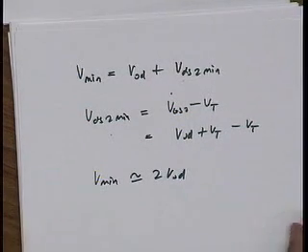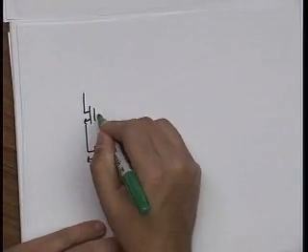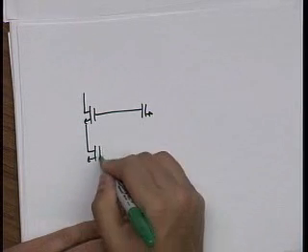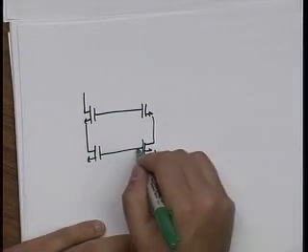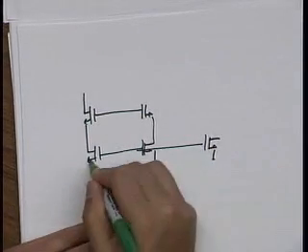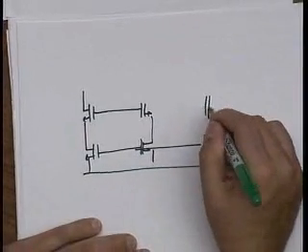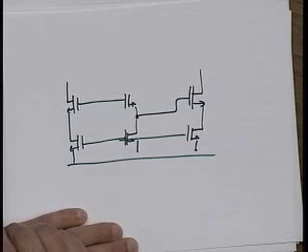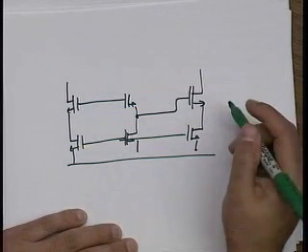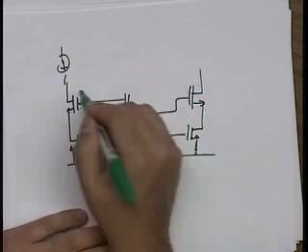Okay? So here's one way to synthesize this circuit automatically. Here, I'm going to bias up my cascode device like this. And again, this is my reference path.